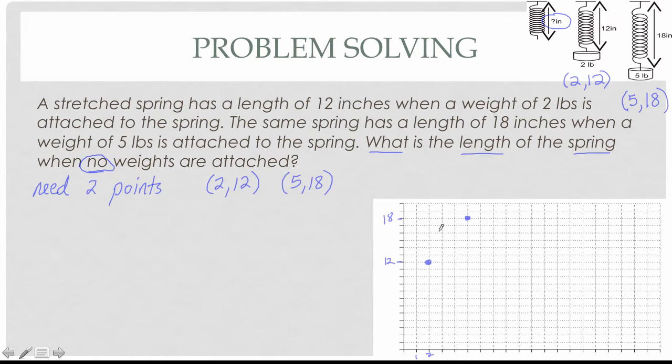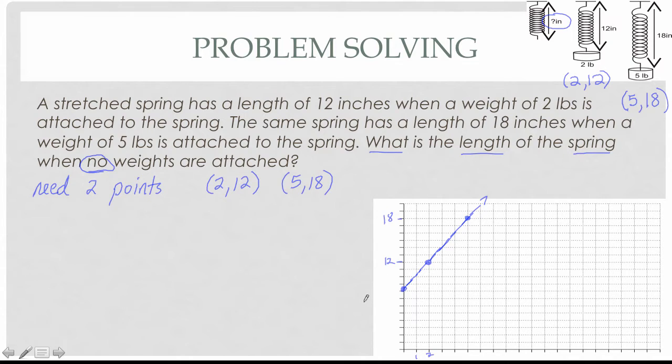Now, one way to solve this problem is just to look at the graph and think, okay, this is a linear relationship. Let's just look on my graph and estimate, right about there. If I had to estimate that value, I'd say it's 1, 2, 3, 4, 5, 6, 7, 8, maybe 8.5.